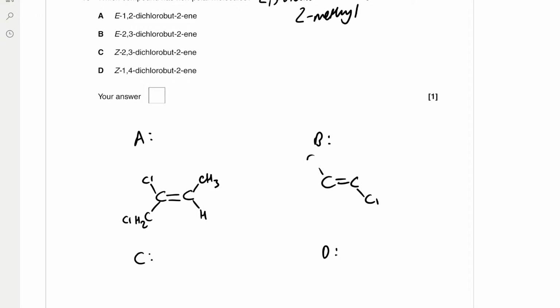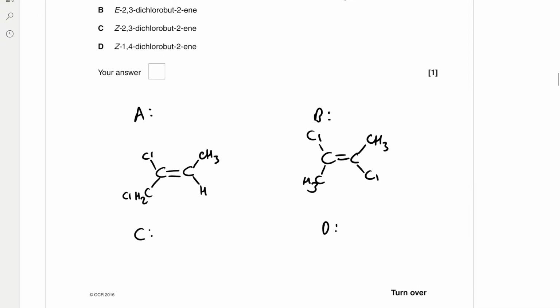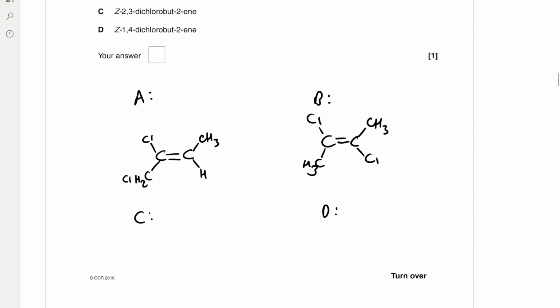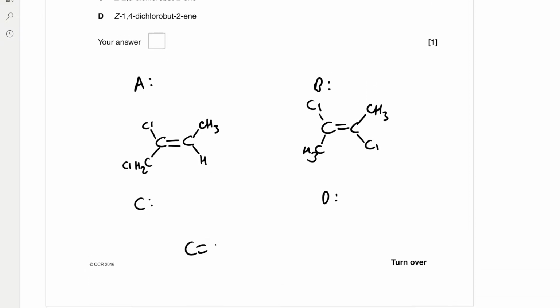E, so it's the highest priority groups on opposite sides. And then CH3 and CH3. C is Z, 2, 3 dichlorobutene, so that's the highest priority groups on the same side.